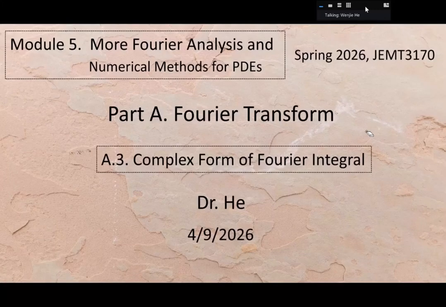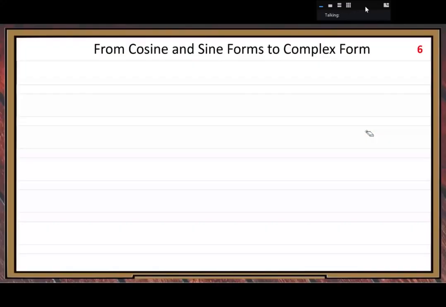8.3, complex form of Fourier integral. Now, we need to really prepare ourselves for complex numbers. From cosine sine forms to complex form.